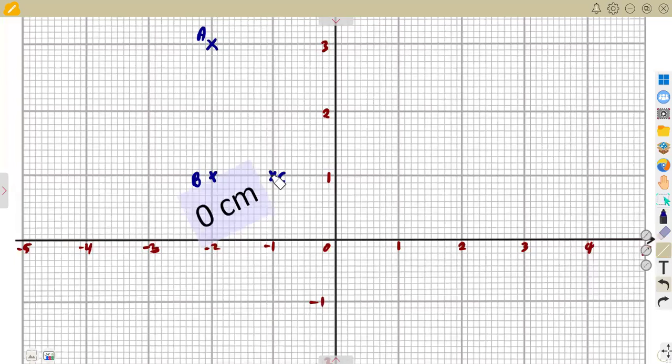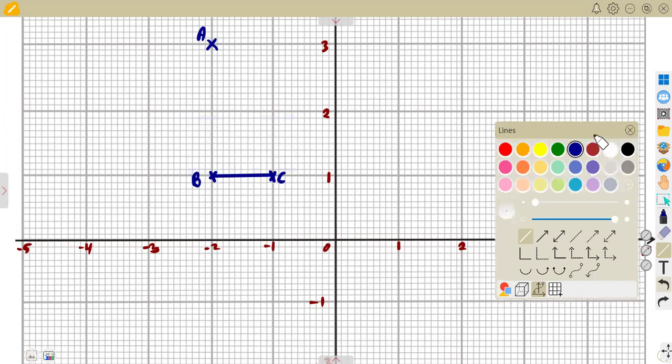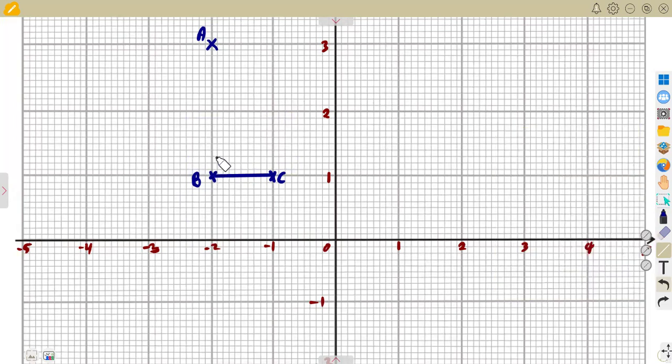Don't mind these guys. Like I said, you do the same from B to A, using your ruler. You join these points. You do the same thing from this point up to this point. You are joining your points like that. That's your triangle ABC.